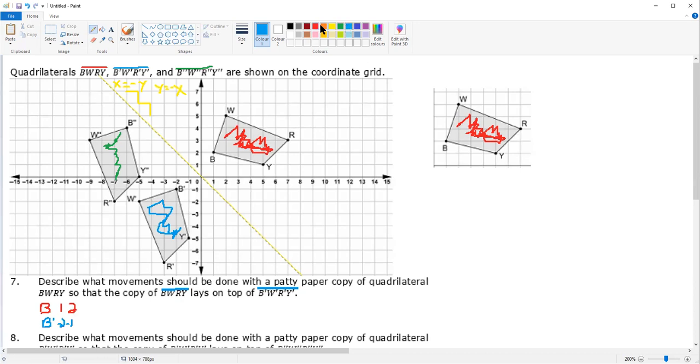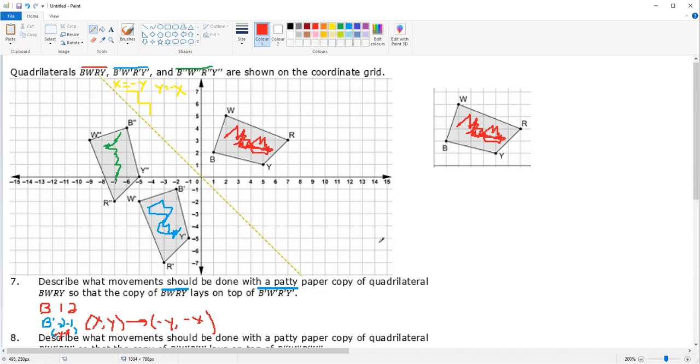The red value in my y term flopped and was negative, and my x term flopped and was negative. So x comma y maps to negative y comma negative x, a reflection across y equals negative x. And that's how I knew that.